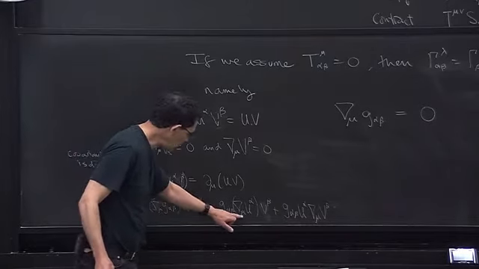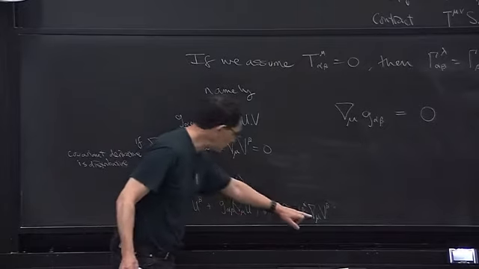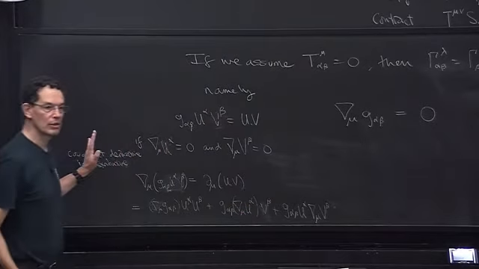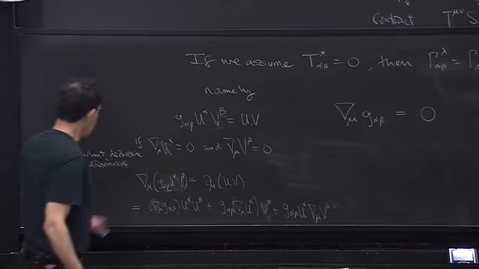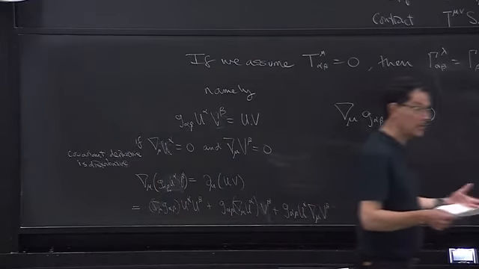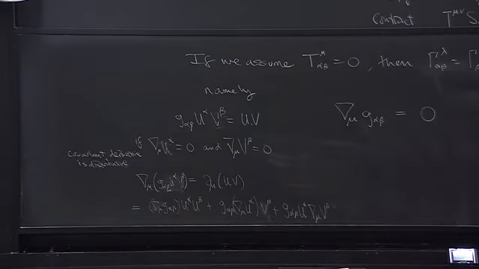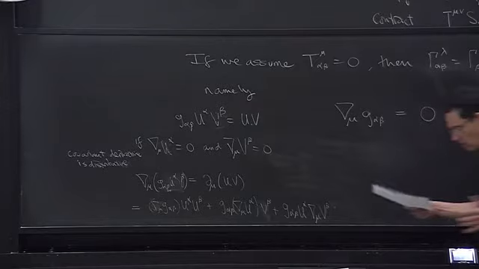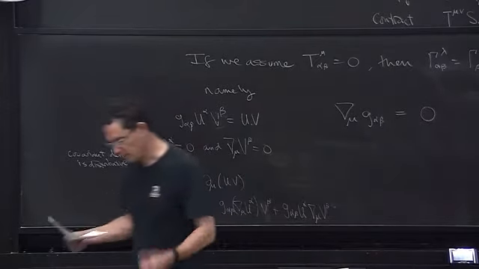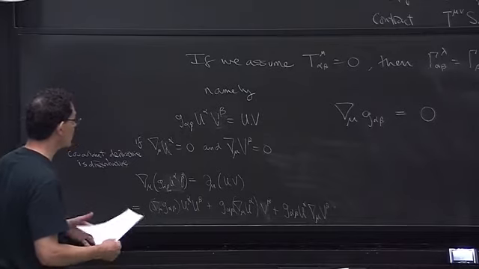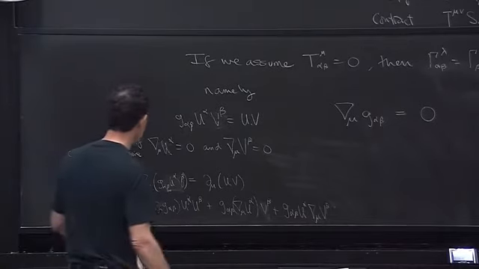Here I'm going to get one gamma with a plus sign, one gamma with a plus sign, and you check these just cancel. So the covariant derivative has the same property as a derivative, that the covariant derivative of a product is just a sum of the terms where you differentiate each thing.